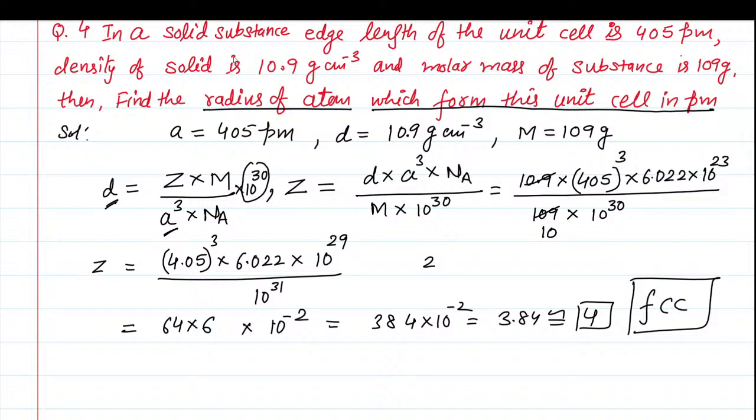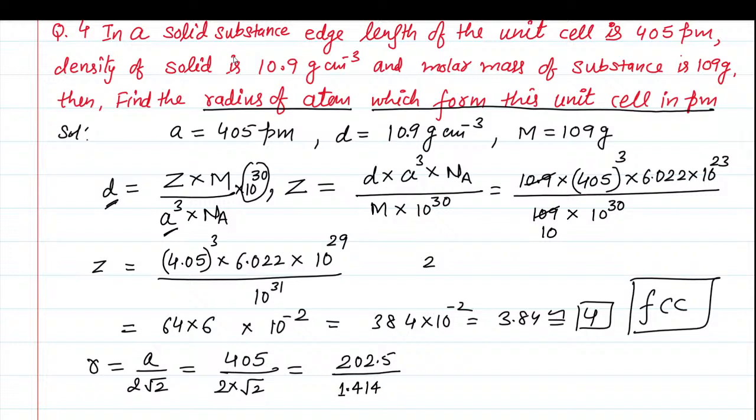As the unit cell is FCC, what is the relation between r and a? r is equal to a by 2 root 2. a is 405 divided by 2 into root 2. That means it is 202.5 divided by 1.414. Take it as 1.4.